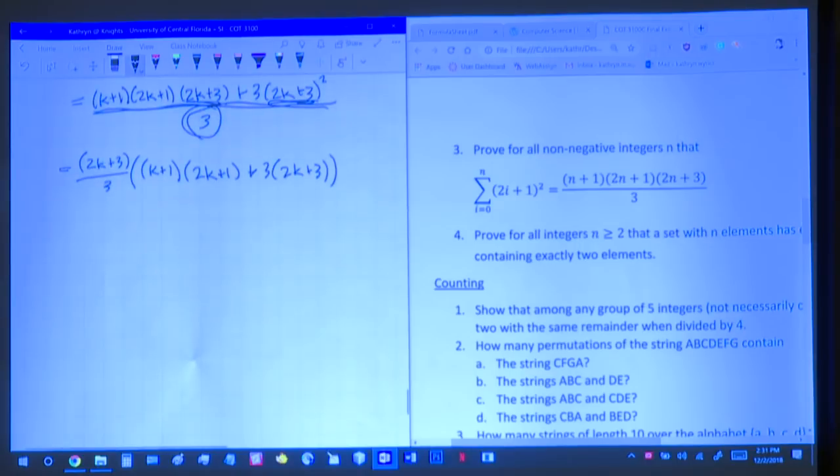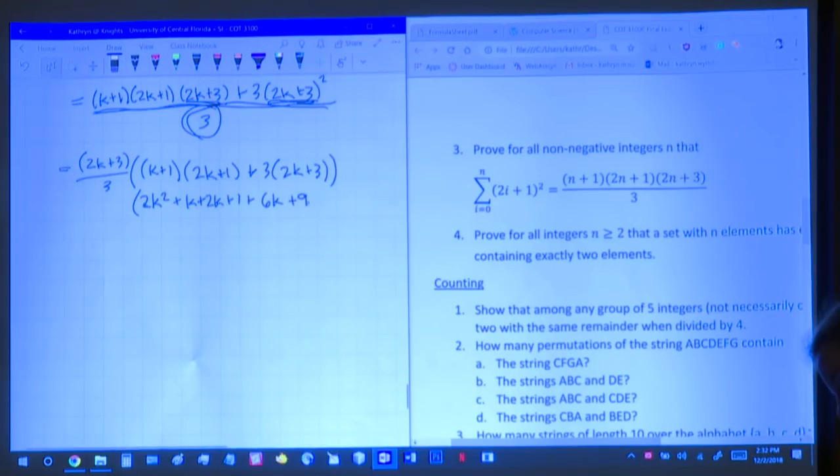Okay, now I'm going to FOIL this out. So 2k squared plus k plus 2k plus 1. And I'm going to factor this out.